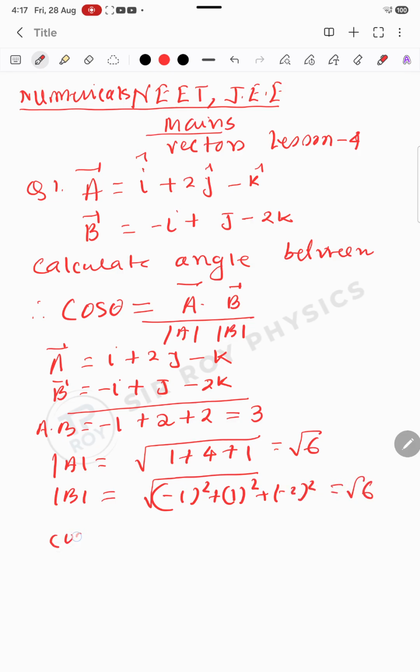So cos theta is 3 by root 6 into root 6, that is half, then cos 60 degree. Theta equals 60 degrees is the answer.